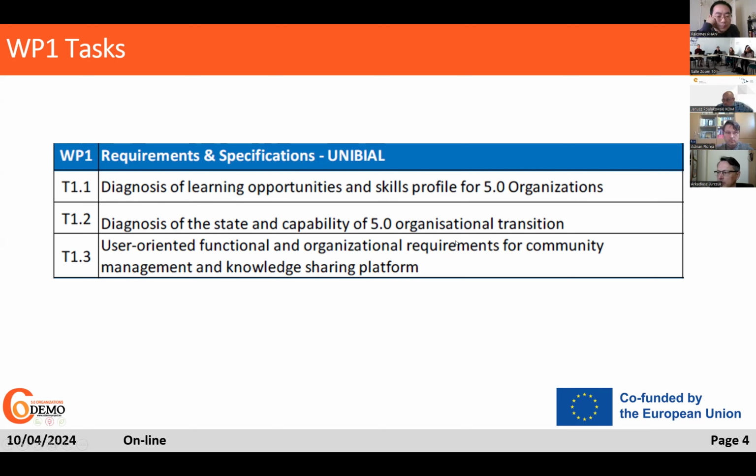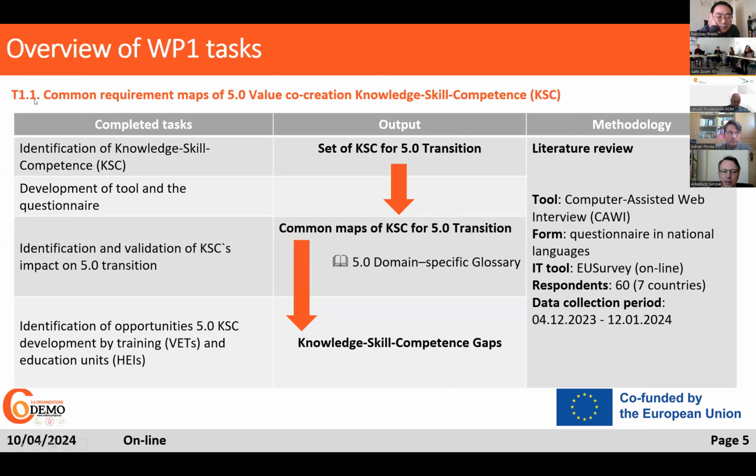And task number 1 identified a set of knowledge, skills, and competencies for the transition 5.0. This is the first output from this task. A survey of CoDEMO partners verified the proposed set of knowledge, skills, and competencies, and developed the second output, common maps of knowledge, skills, and competencies for transition 5.0.